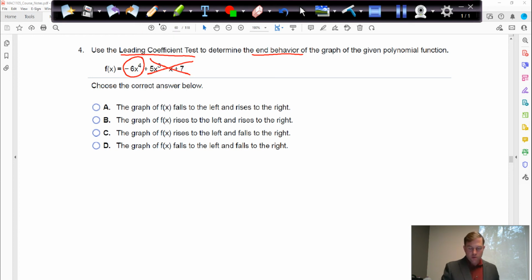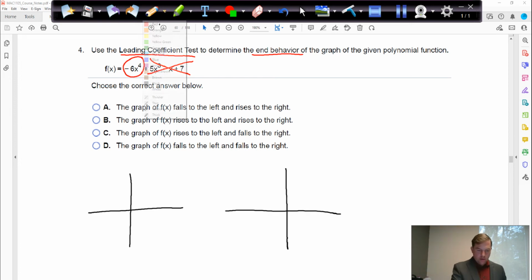So here's the only 2 graphs we need to know. Let's actually do it down here. We can have the leading coefficient, an, be positive, or we can have the leading coefficient, an, be negative. And these are both x to the even power, and x to the even power will always look like a bowl.